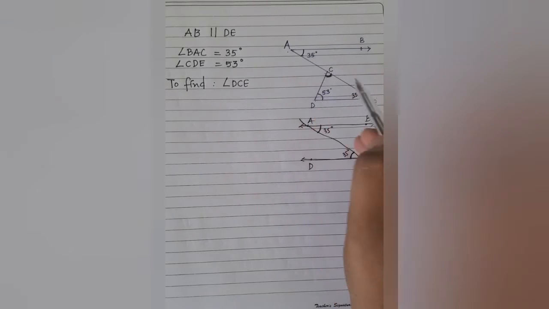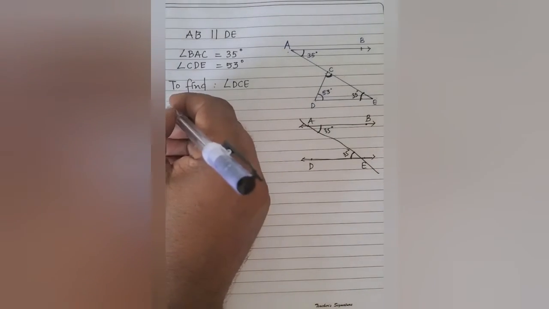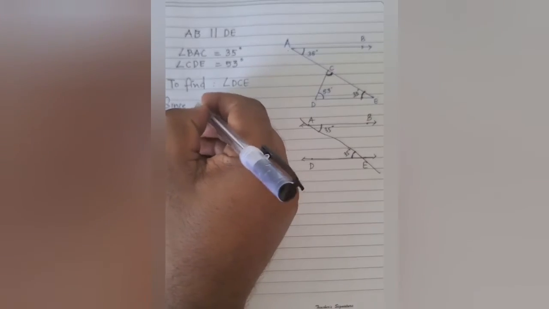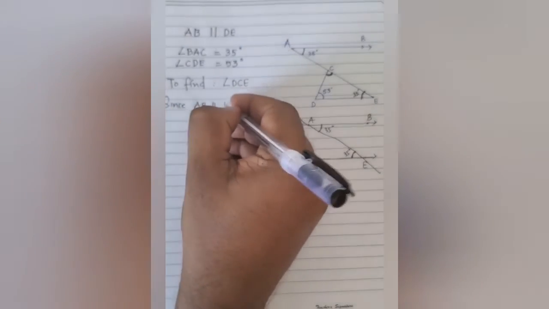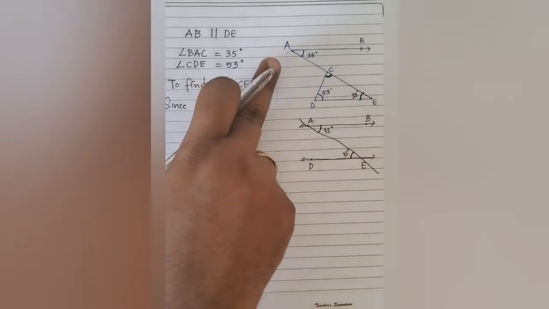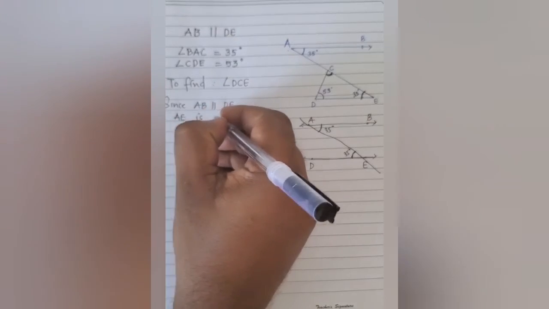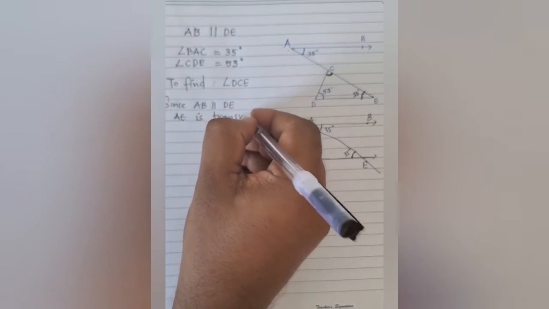So angle DEA, this angle would also be 35. Likewise, I mentioned over here that if this is 35, this would also be 35. Let me mention that. So since AB is parallel to DE, and I will take AE as a transversal, AE is transversal.